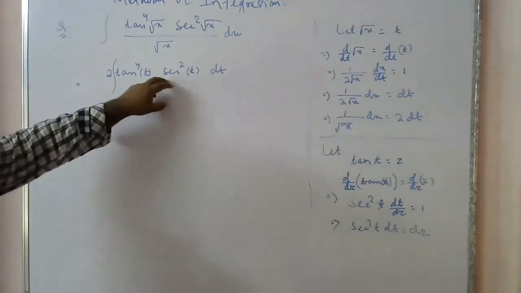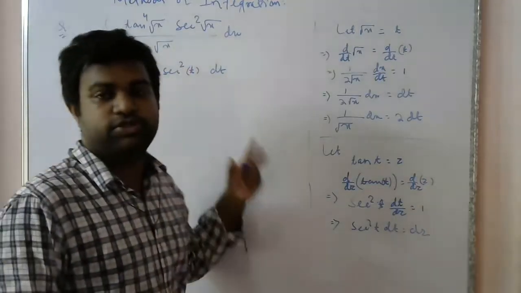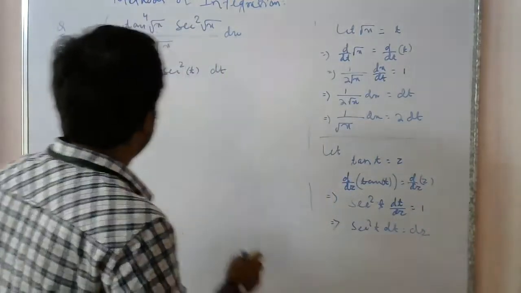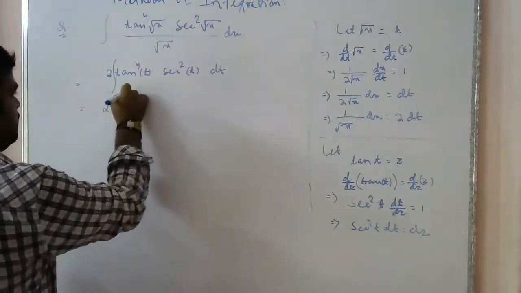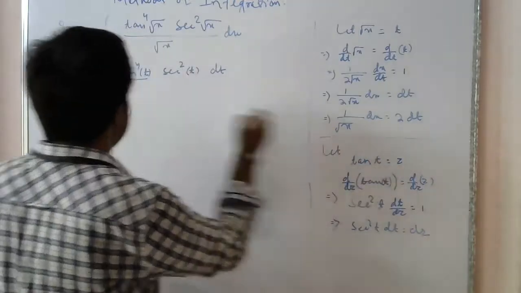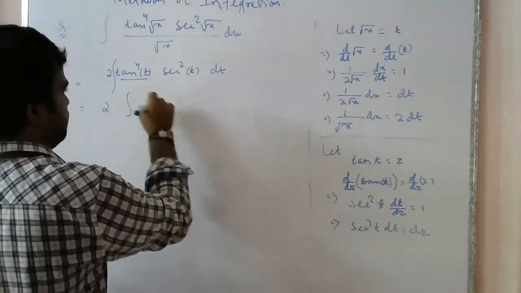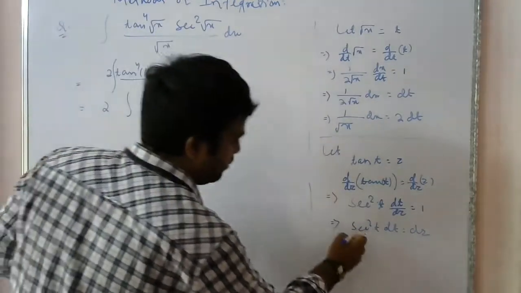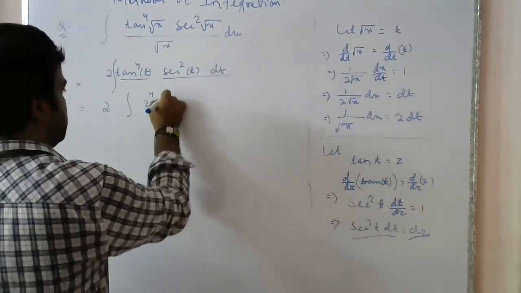Now you see, I am interested to transform this equation in terms of z. Let's see if it is converted or not. In the integration, tan to the power 4, I have taken tan t as z, so this will be z to the power 4, and sec square t dt I got, it's dz.